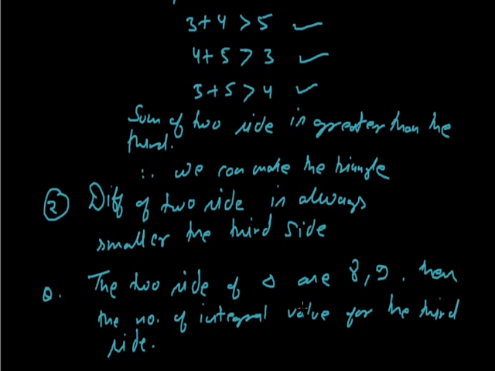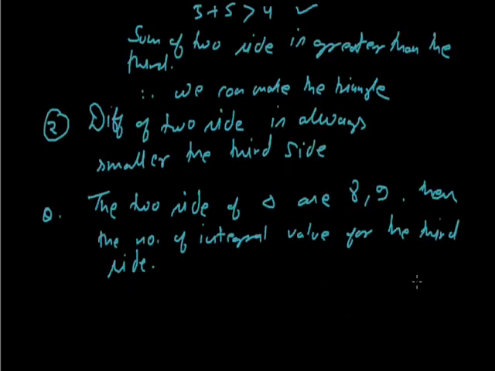In this question, we have been given two sides of a triangle, that is 8 and 9, and we have to find how many possible values for the third side are possible, that is, integral values only.